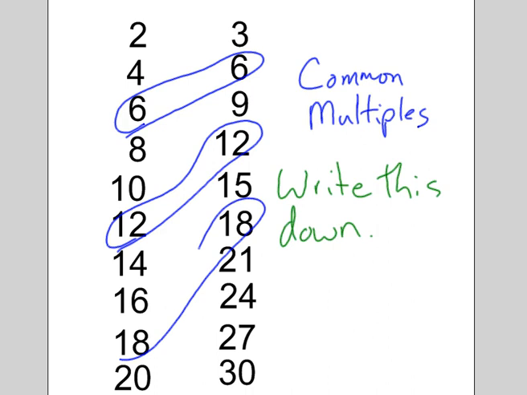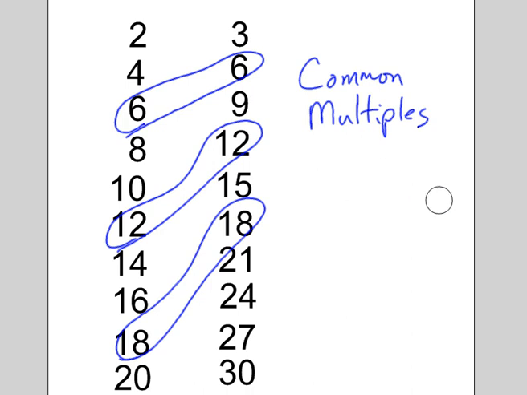So are 18 and 18. Does this mean that these are the only common multiples? No, but they're the first ones that we have within the first 10 multiples of each.